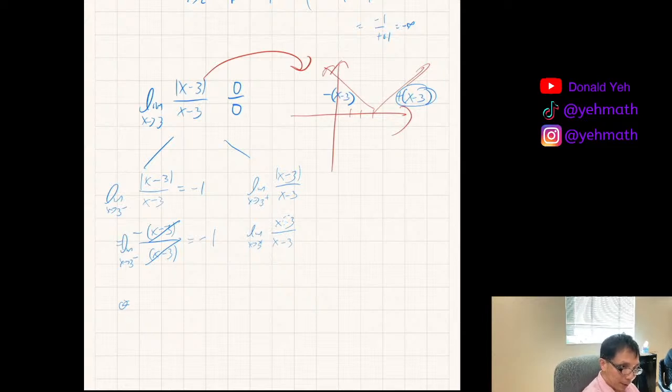And if that's the case, this can cancel out, and it becomes 1. So you see one side is going to positive 1, one side is going to negative 1. This actually does not exist. But I could have asked you for a one-sided limit. Then you would have said it's going to 1 or negative 1, depending on which side I asked you.